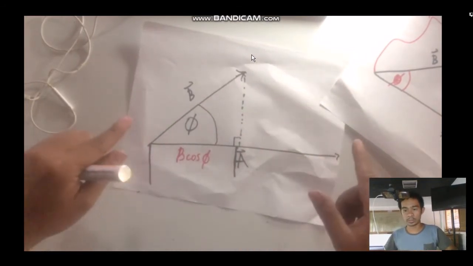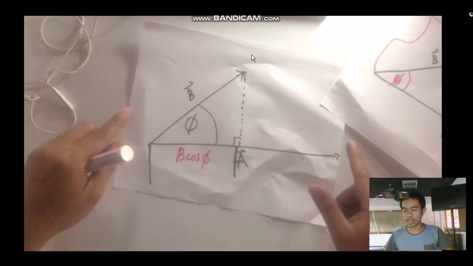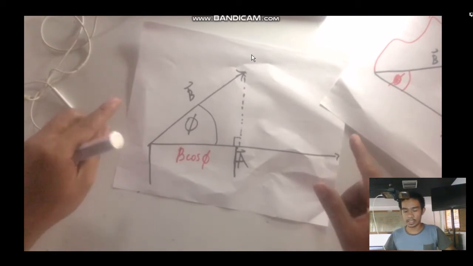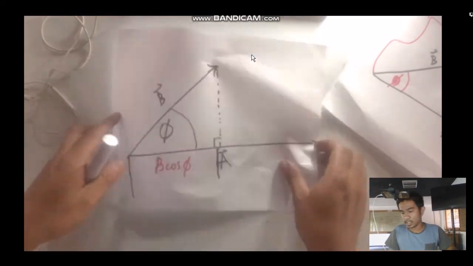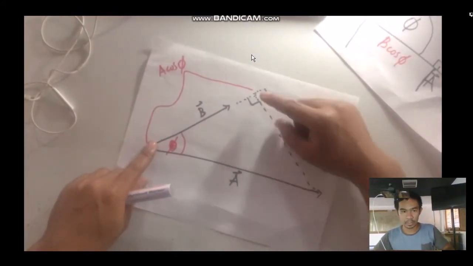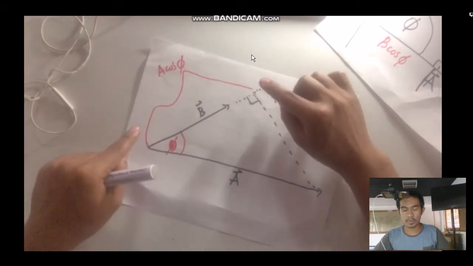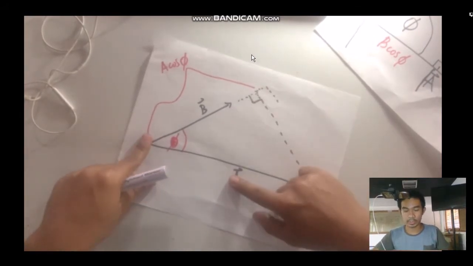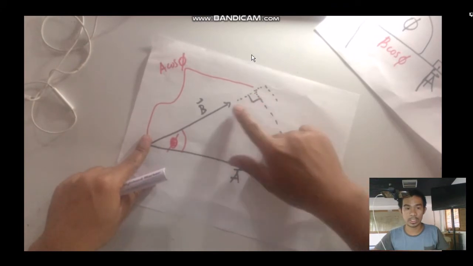There's an alternate way of defining the scalar dot product, using the same given vectors.